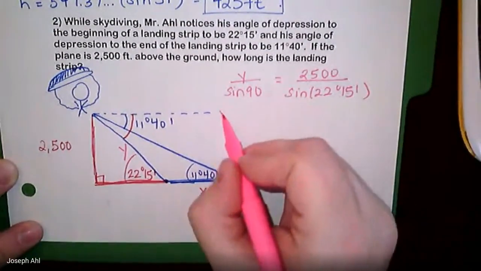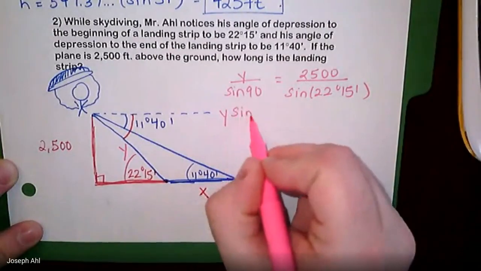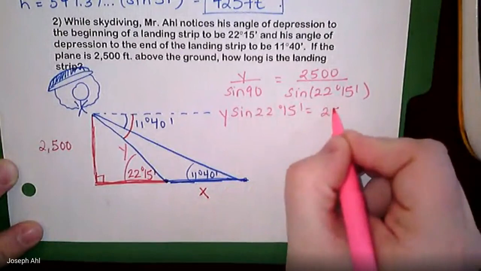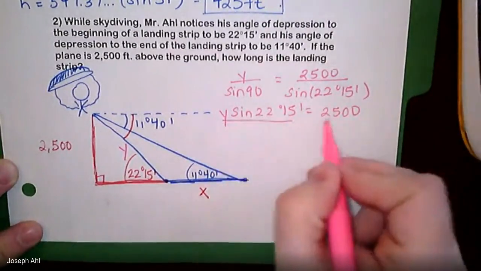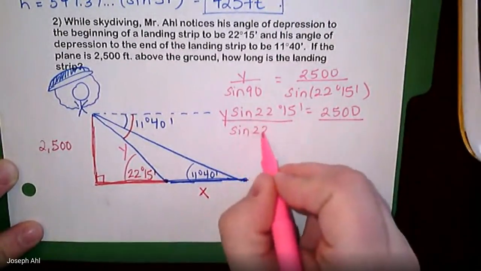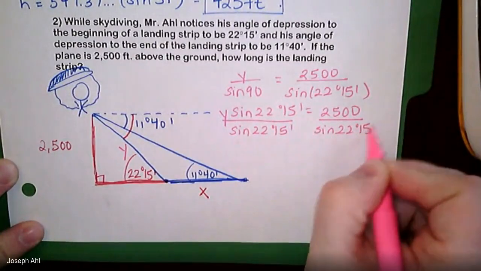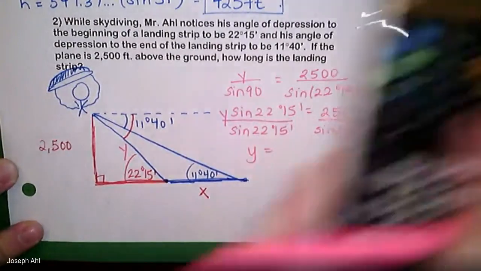So if we cross multiply, we get y sine 22 degrees, 15 minutes equals, remember, sine 90 is 1, so that's just going to be 2,500. Okay, divide by sine 22 degrees, 15 minutes. And kind of leave this number in the calc for a second.